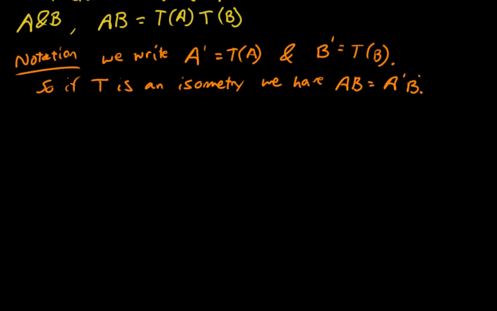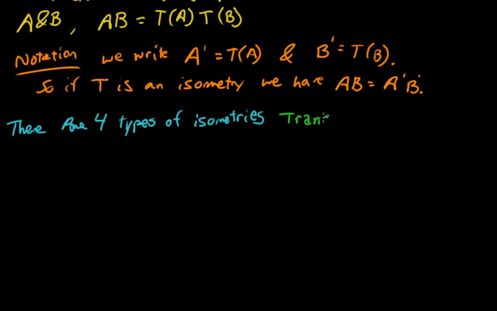And then I want to go over the 4 types of isometries. Say there are 4 types of isometries. Let me do each of these in a different color. We'll do a dark green one. First one is translation. I don't like that color. It may not show up well on some of your screens. We'll do this one, translation.